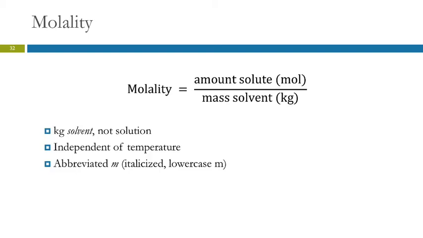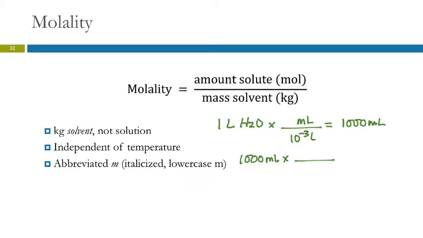So if we had 1 liter of water, how many milliliters is that? That would be 1,000 milliliters, right? And if the density of water is 1 gram per milliliter, that would weigh 1,000 grams. How many kilograms is that? 1 kilogram.